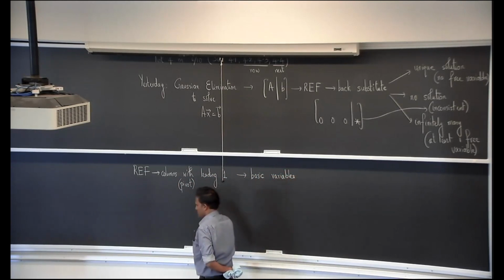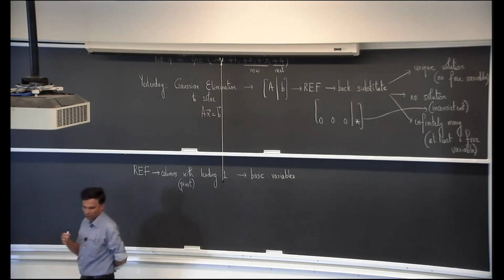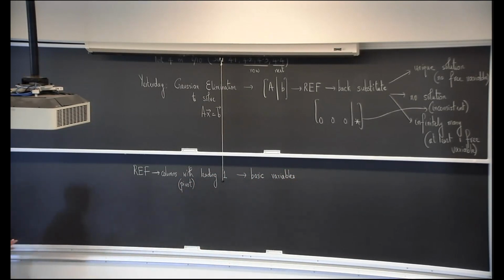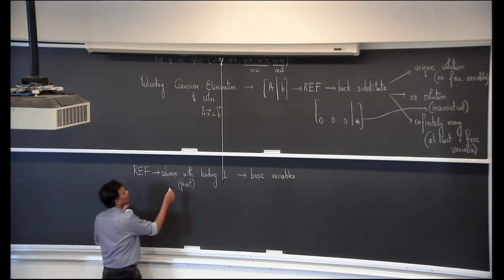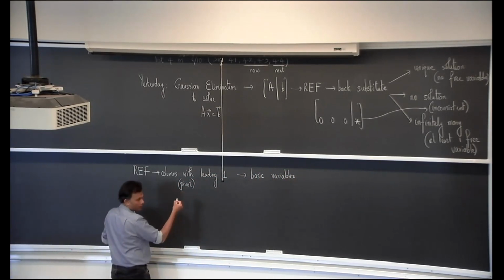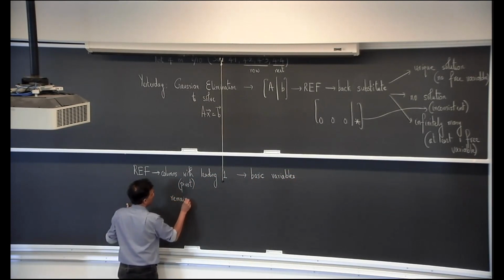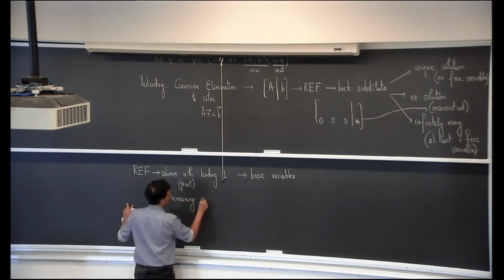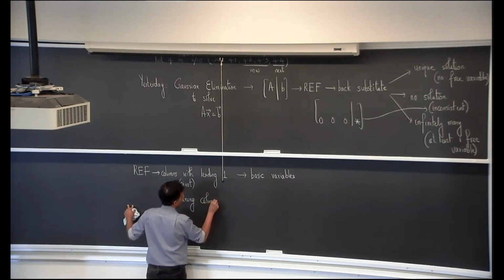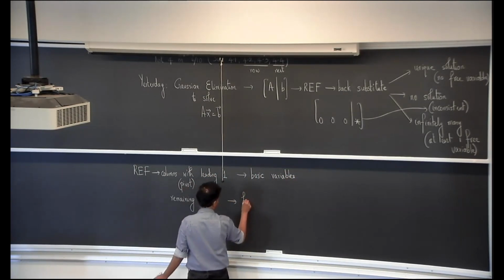If you understand this concept, most of chapters 4, 5, even 6 and 7 are pretty much straightforward in terms of the computational part. And the remaining columns without any leading ones are the non-pivot columns. Those are the free variables.